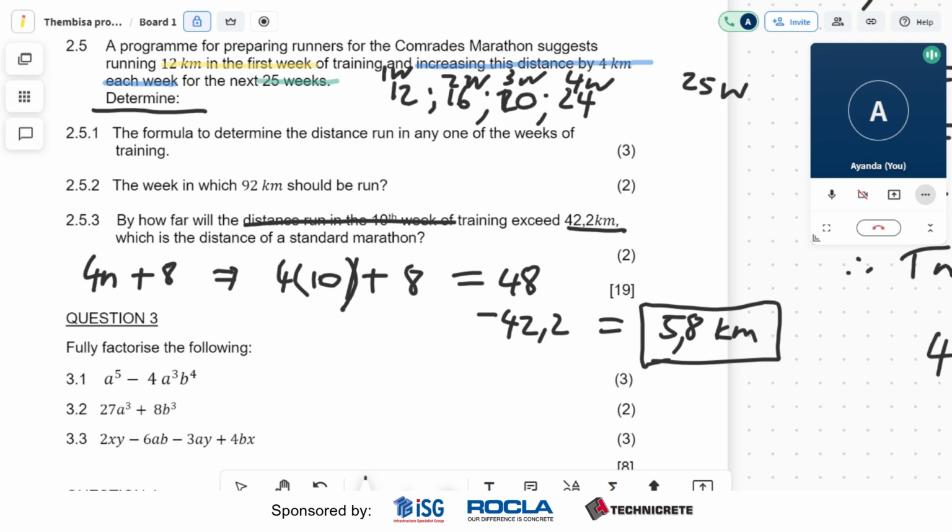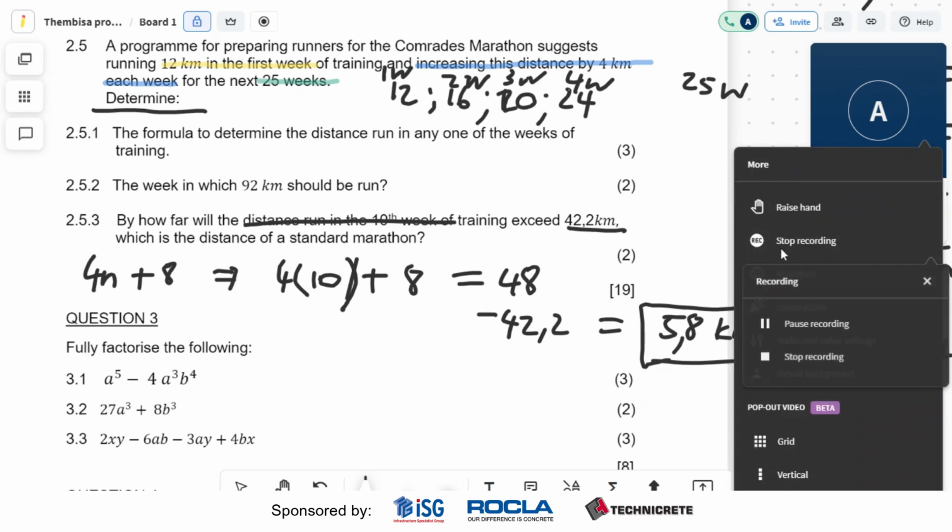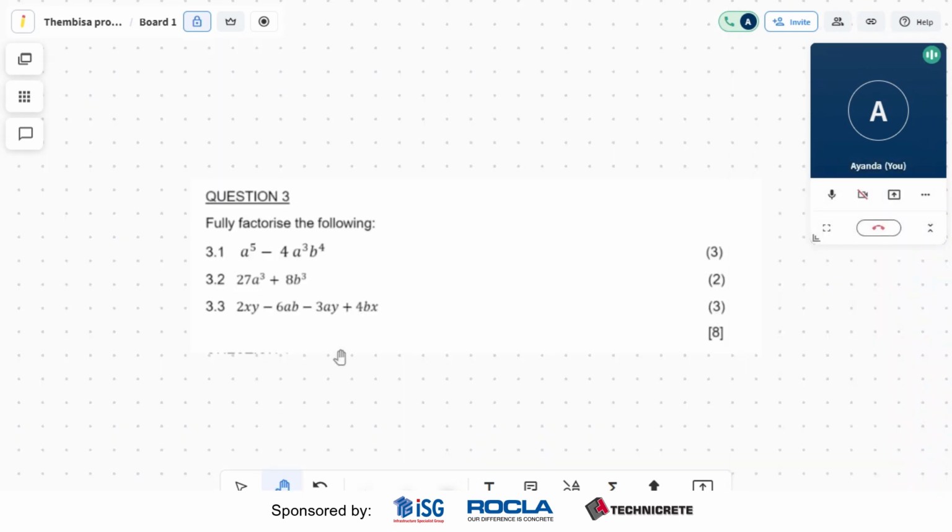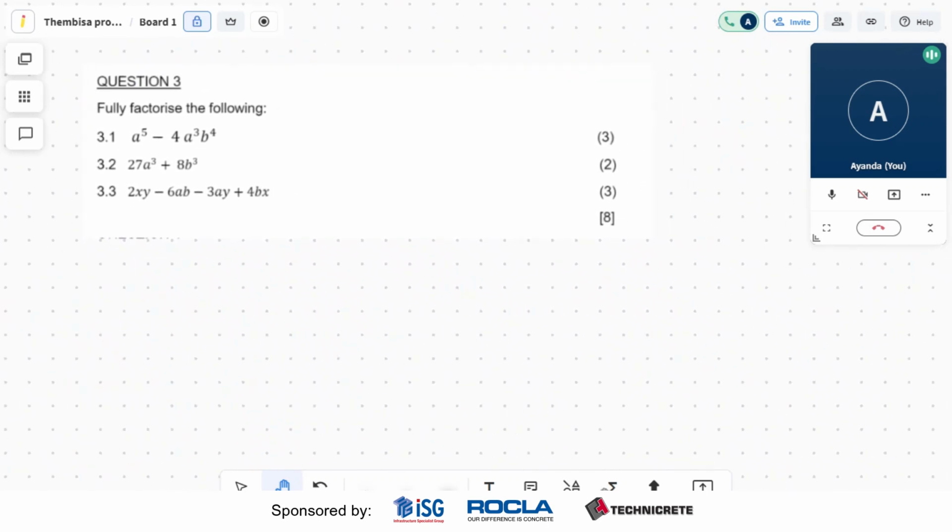Now we can move on to question 3, factorizing. Let's paste this over here so we can have a little bit more space. Question 3.1 asks us to factorize a to the power of 5 minus 4a cubed times b to the power of 4.